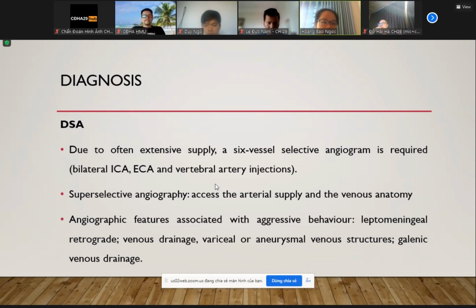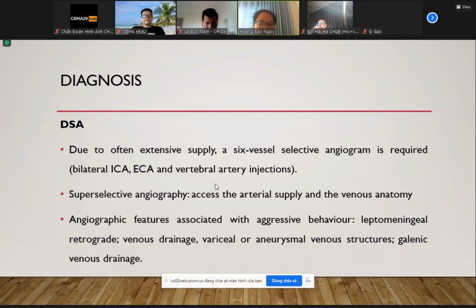Next, a superselective angiography should be applied to assess the arterial supply and venous anatomy. Angiographic features associated with aggressive behavior are leptomeningeal retrograde venous drainage, variceal or aneurysmal venous structures, and galenic venous drainage.